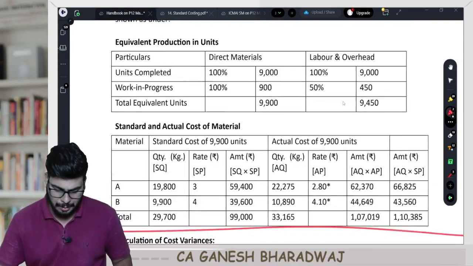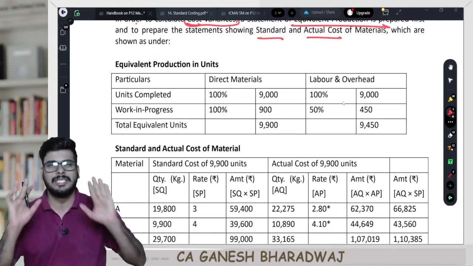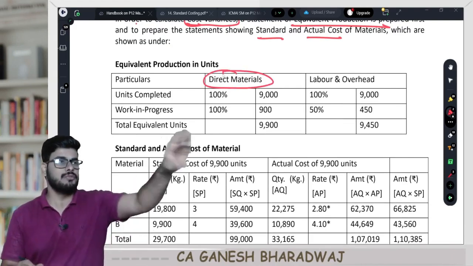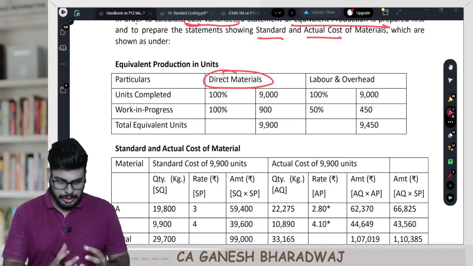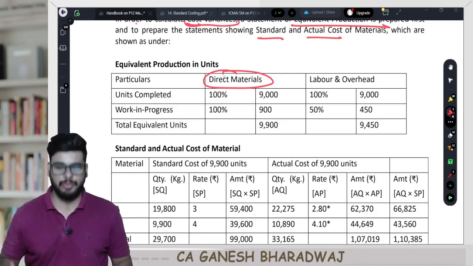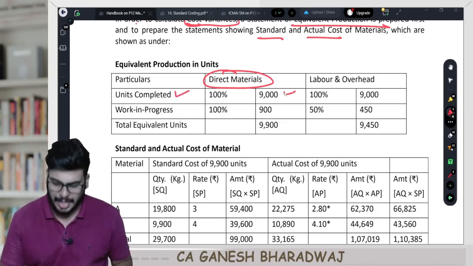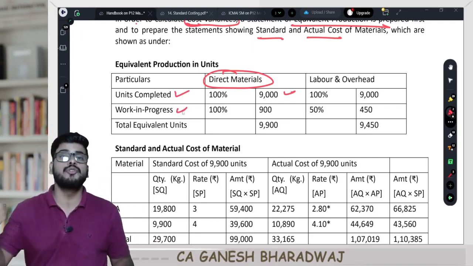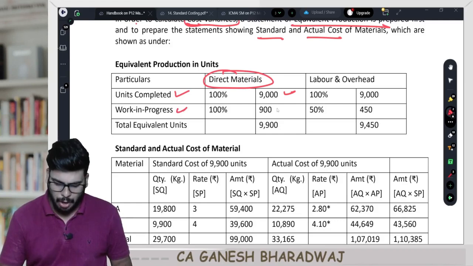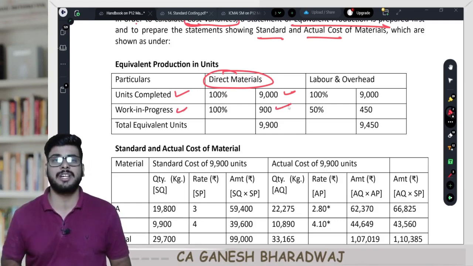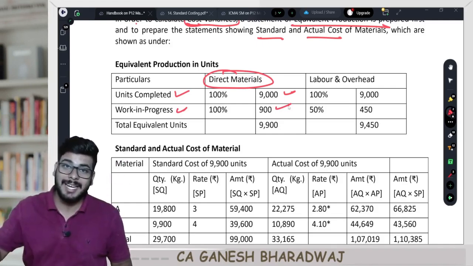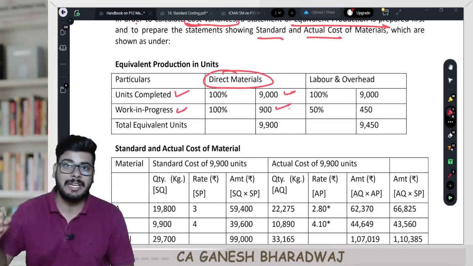So basically, the statement of equivalent production, simple guys, do not worry about it. Now I have consumed raw material A and B. Using raw material A and B, totally how many units got produced? Units completed, 9,000 units definitely got completed. Now I also produced the closing WIP. How many units of closing WIP were there? 900 units, and each of these 900 units has consumed the entire raw material A and B, correct?